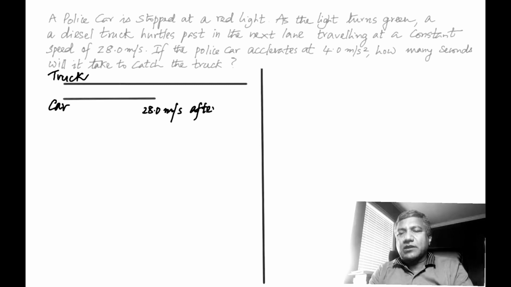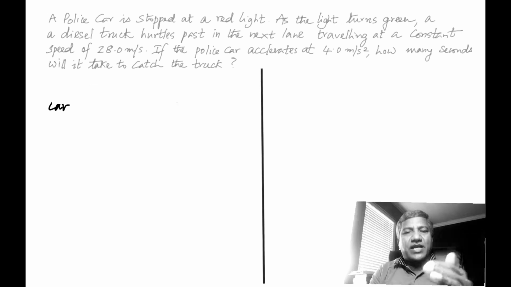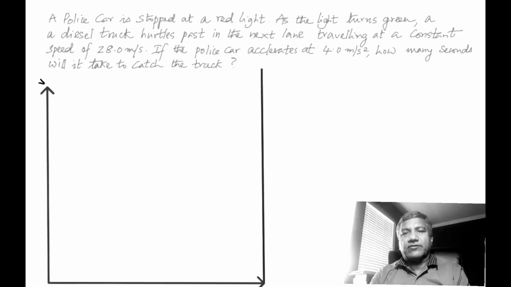So to catch the truck means to get neck and neck with the truck. So that is wrong. As you can see from the diagram, the police car is only halfway to the truck at 7 seconds. So how could we do this using a velocity time graph?